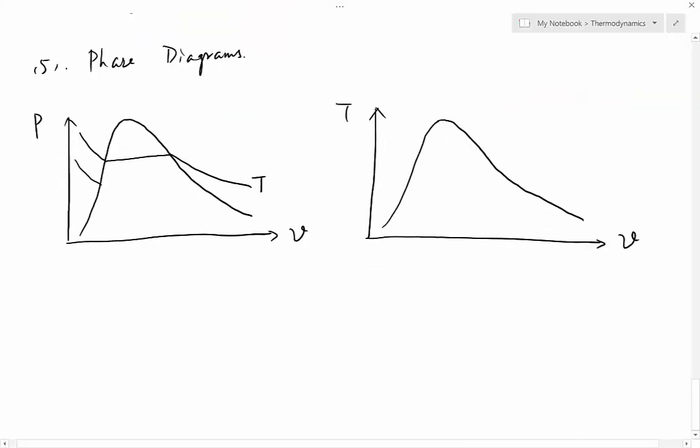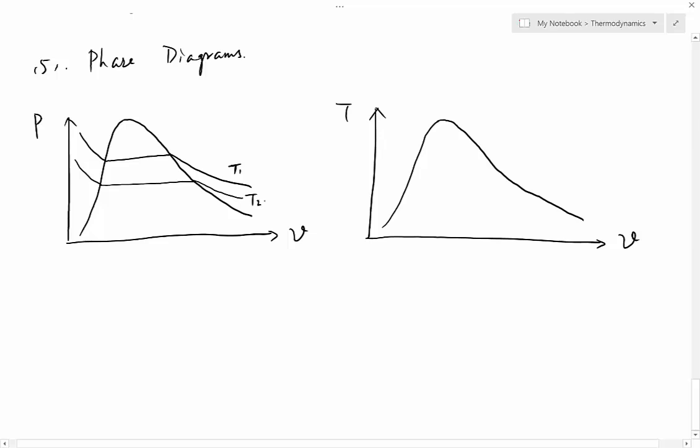Okay, go down, straight, and then curve down. For example, the top one can represent the temperature T1, while the bottom one can represent a different temperature T2.